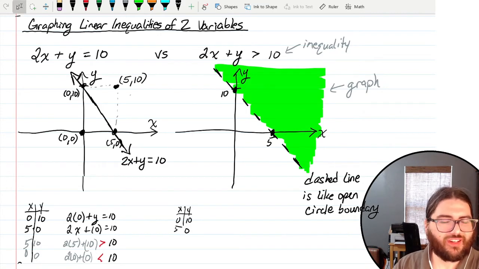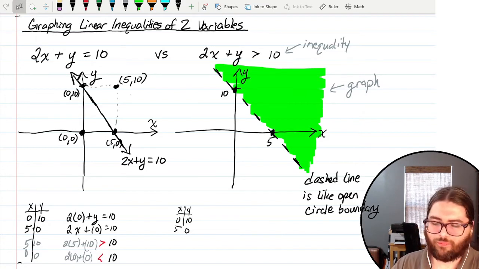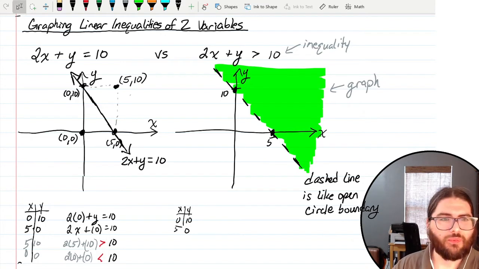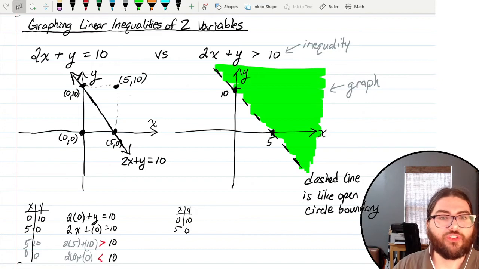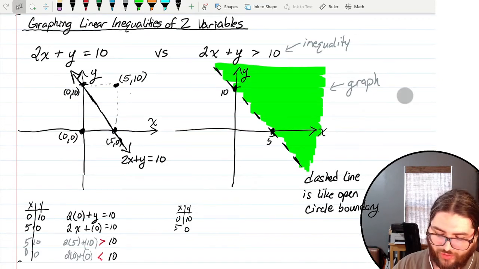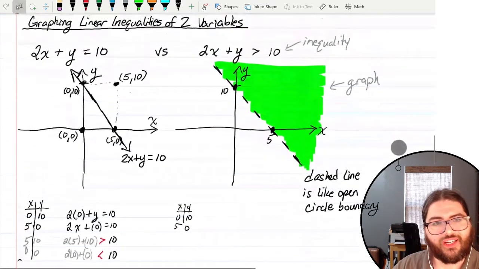At the very least, I need to know what to ask the computer. If I were to find a program to do this, I need to know what to ask. Same thing with these inequalities. The Desmos graphing calculator that we had last week when we were graphing lines will deal with these things very well. I'll show you an example whenever we start dealing with systems of linear inequalities.